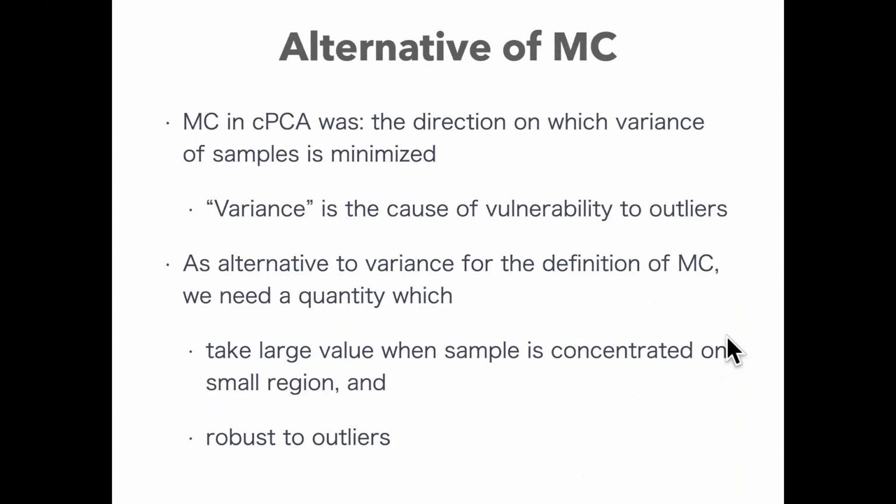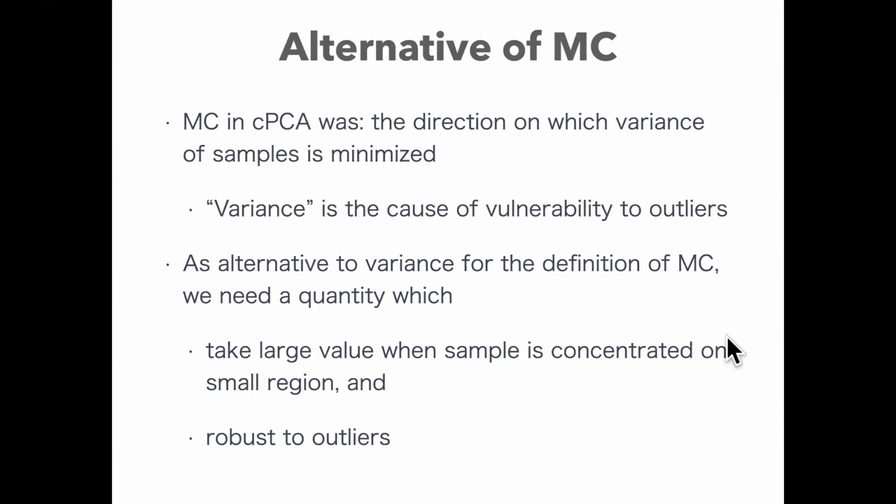The minor component in classical PCA was the direction on which variance is minimized. The use of the empirical variance makes classical PCA sensitive to outliers.